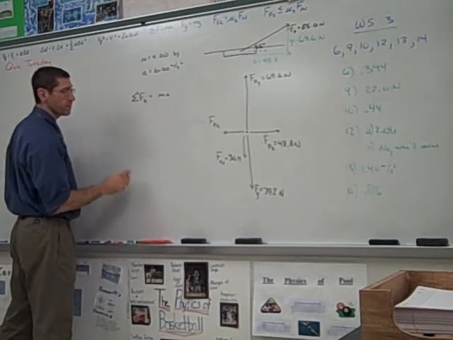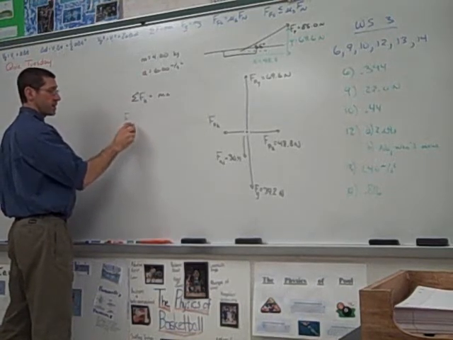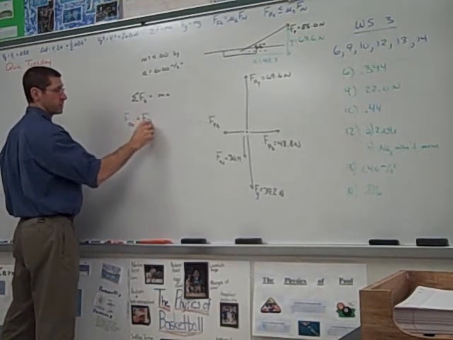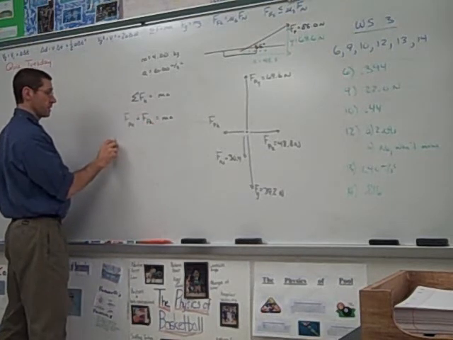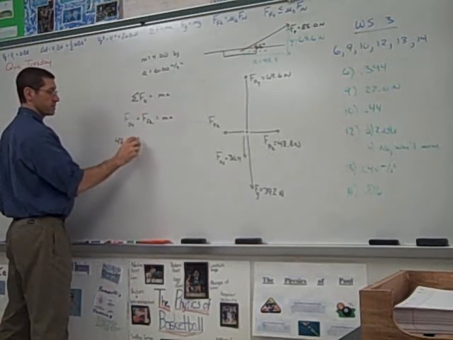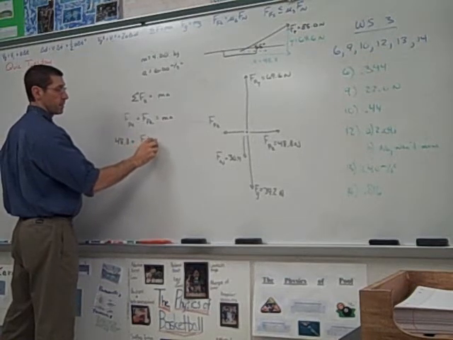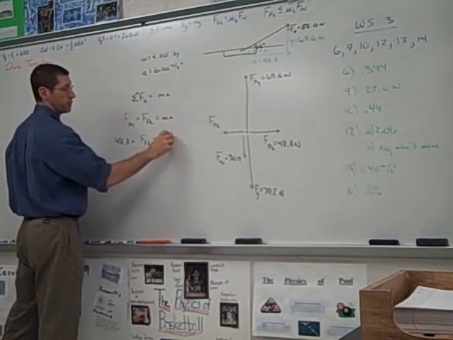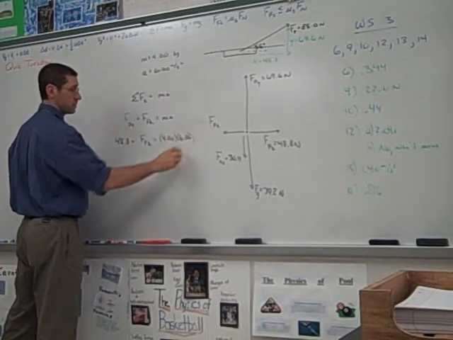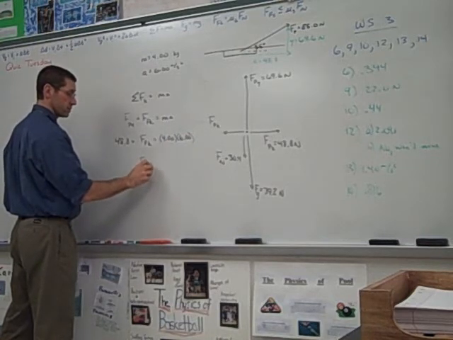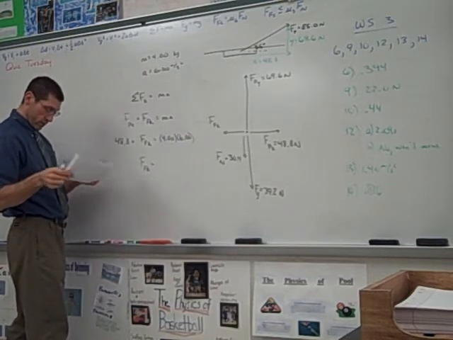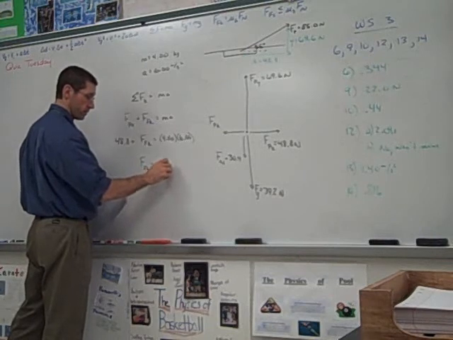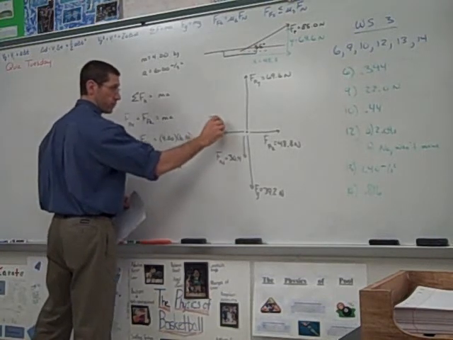So you're going to have Fp in the x plus kinetic friction equal to ma. So that's 48.8 plus friction equals 4 times 6. So the kinetic friction, after you solve for it, you get negative 24.8. So this is 24.8 now.